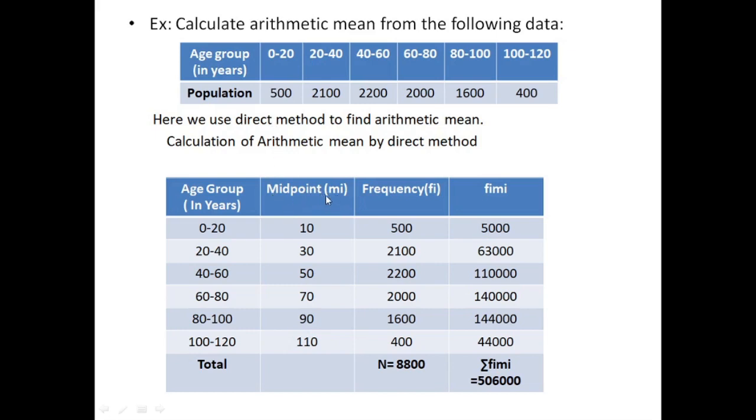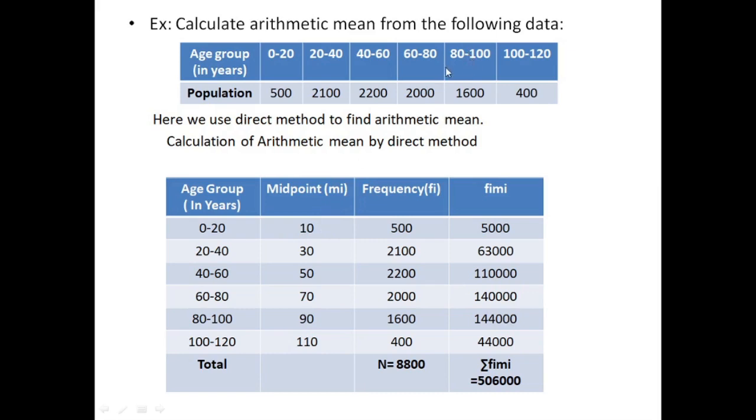According to the definition, midpoint is upper limit plus lower limit divided by 2. For the class interval 0 to 20, upper limit is 20 and lower limit is 0. So 20 plus 0 is 20, 20 divided by 2 is 10. So here the midpoint is 10.